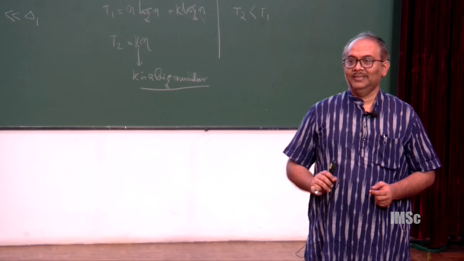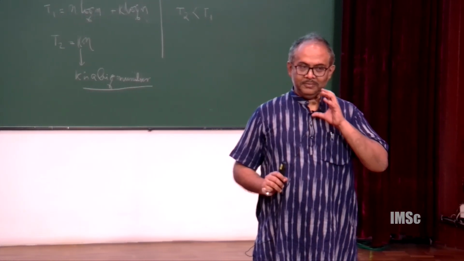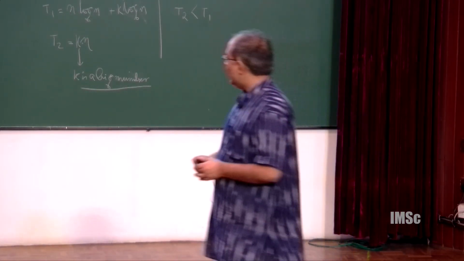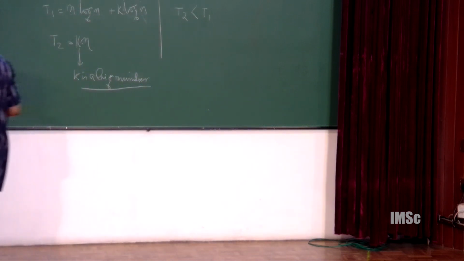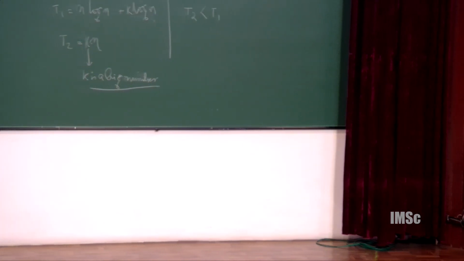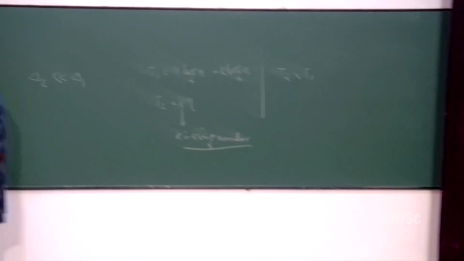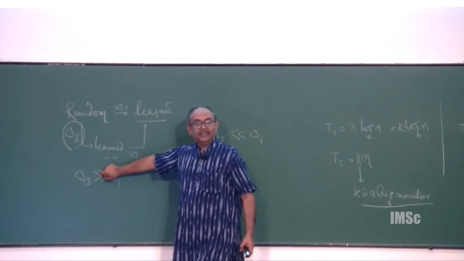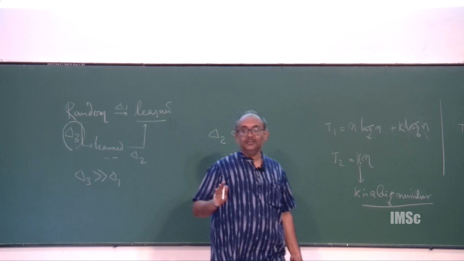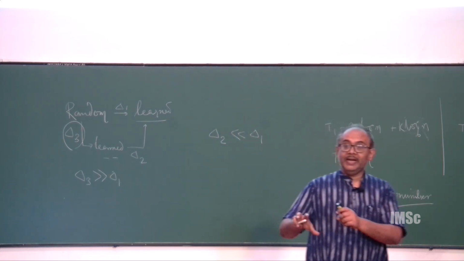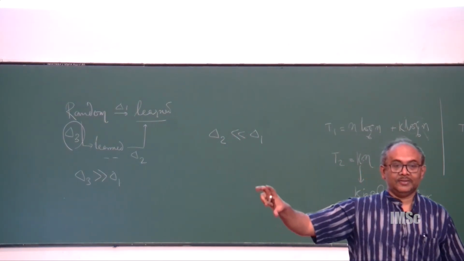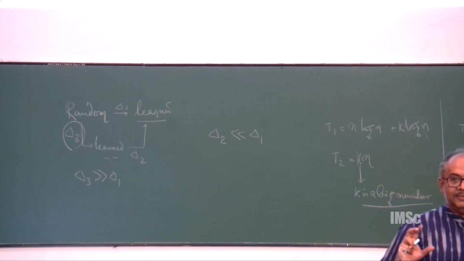So you pre-train once, but you use it for many years. So it doesn't matter if delta 3 is greater than or equal to delta 1, because these weights you will use for other tasks, not only this task.